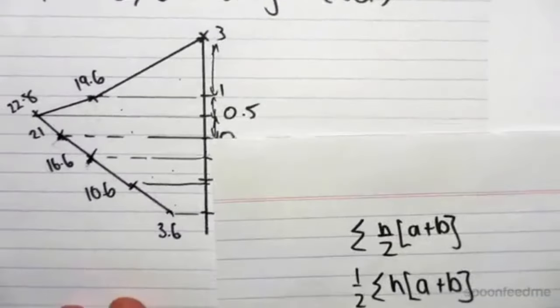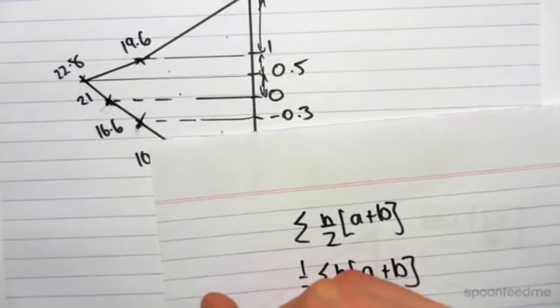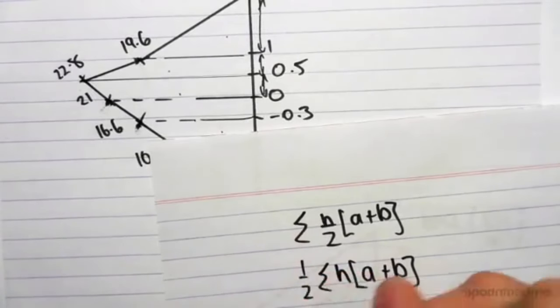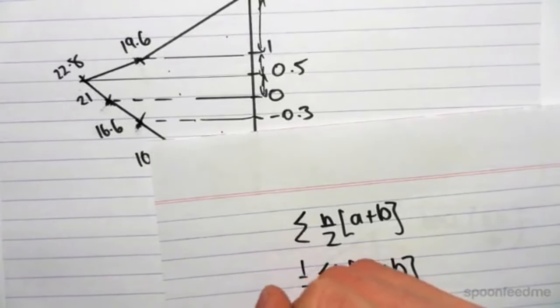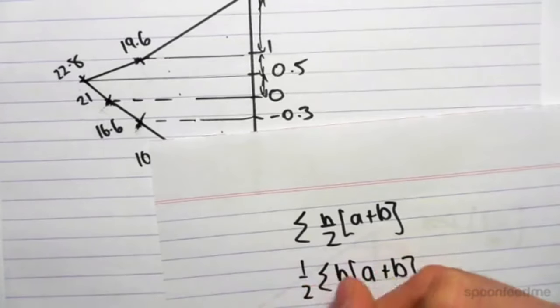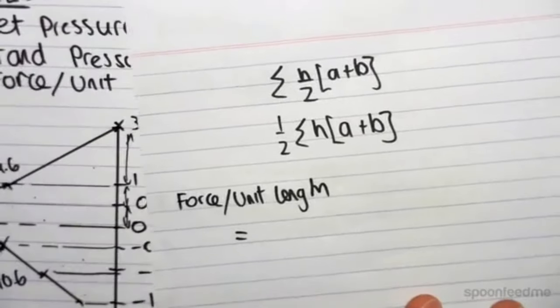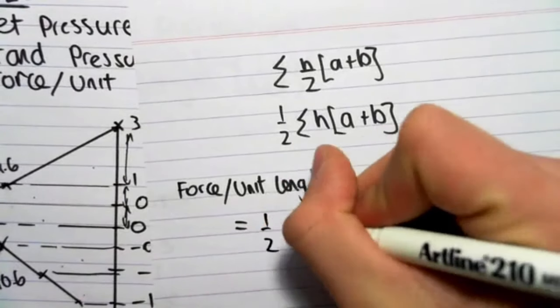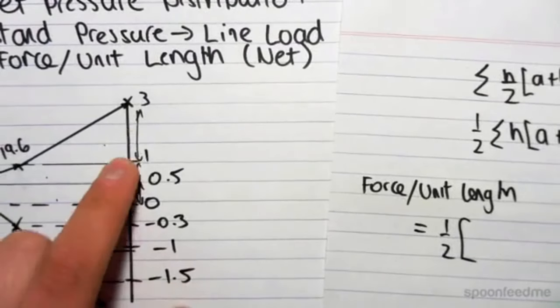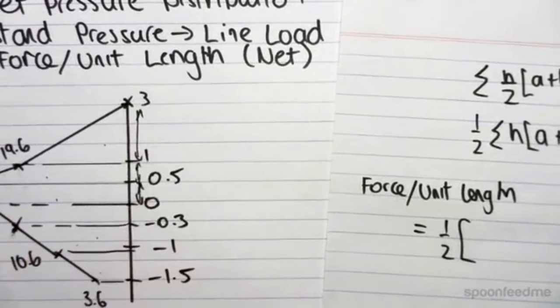So for example, the force per unit length will equal the sum of this. We take 1/2 outside of, so our first height is 3 minus 1, so 2 meters.